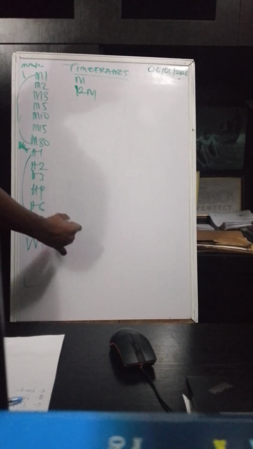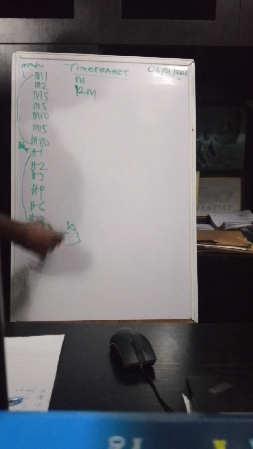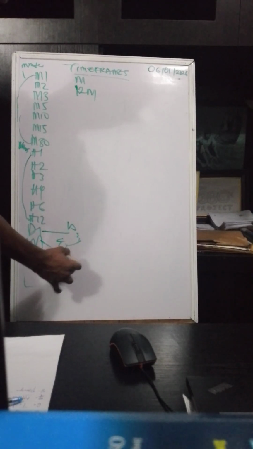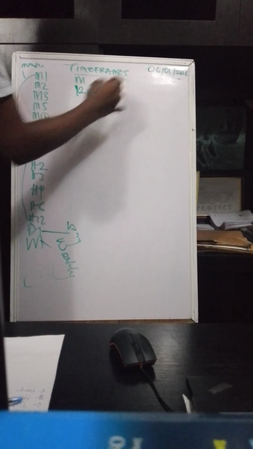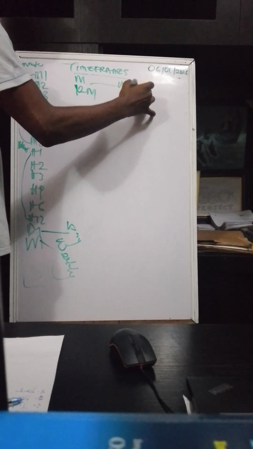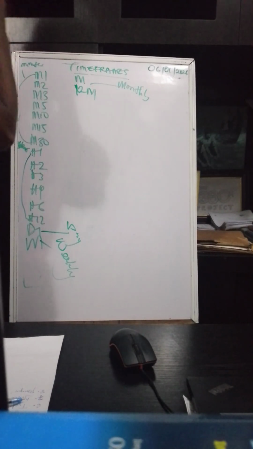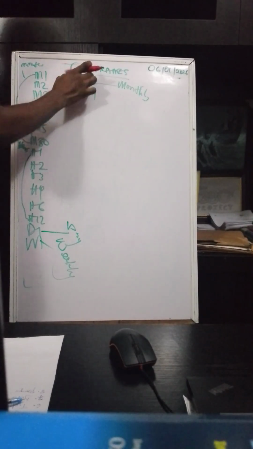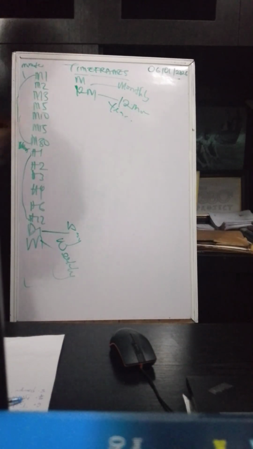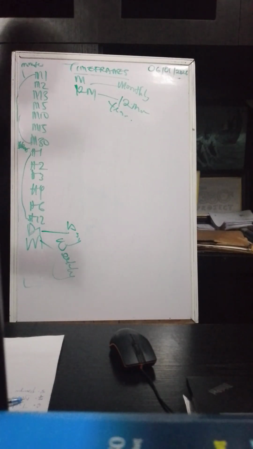Whenever I see D, it means day. Whenever I see W, it means weekly, week. Whenever I see M, monthly. Any M that doesn't have a number after it is monthly. And this one, 12M, is 12 months. So that's a year. So, time frames.